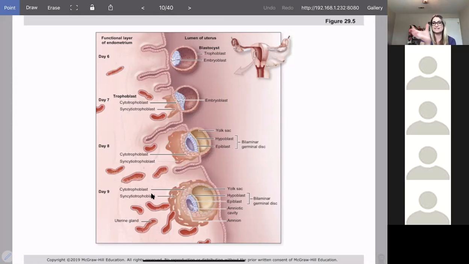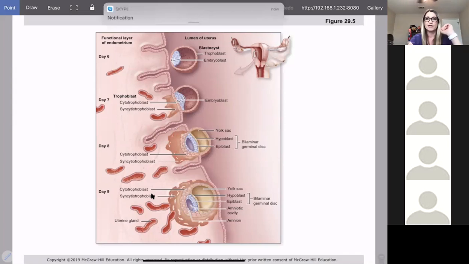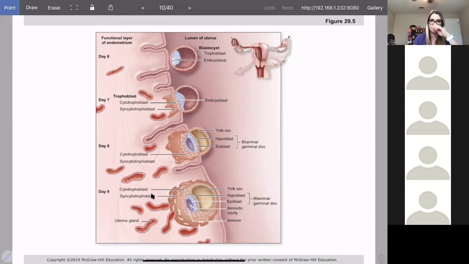And ultimately, as this is happening, the blastocyst, the whole thing, is getting pulled inside, okay? And as this is happening, we start observing some differentiation of some layers from the embryoblast. So you can see there's amnion forming, and it's not labeled in this image yet, but that's going to be the amnion.